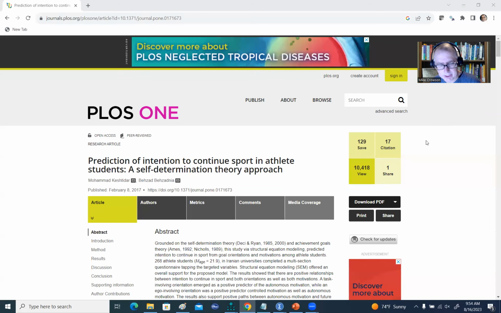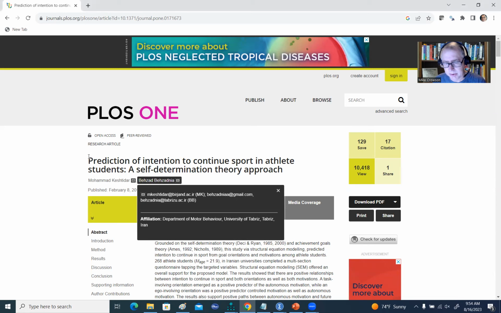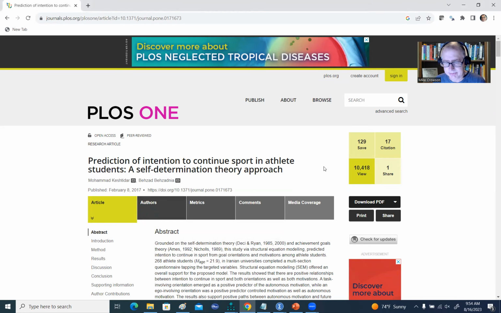And just so you know, the data that we're going to be working from is actually based on an article that was published in PLOS ONE by these authors right here. The article is Prediction of Intention to Continue Sport in Athlete Students, a Self-Determination Theory approach.